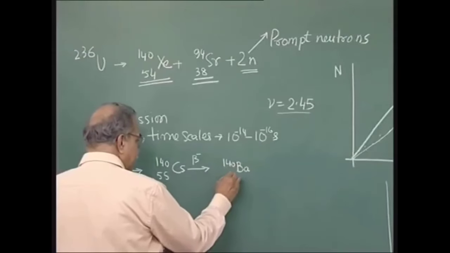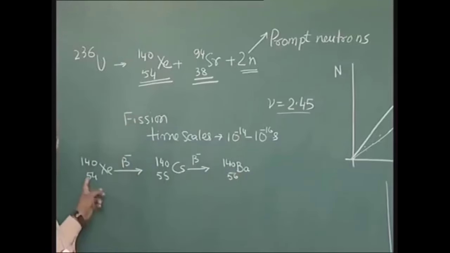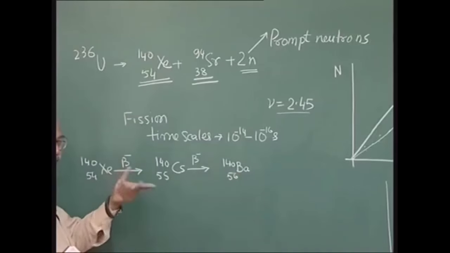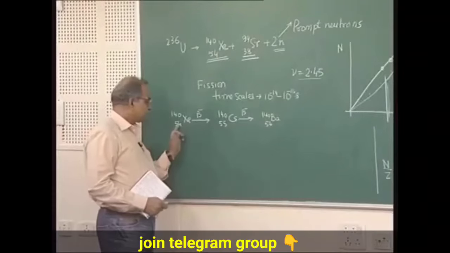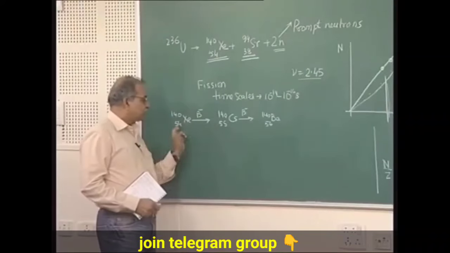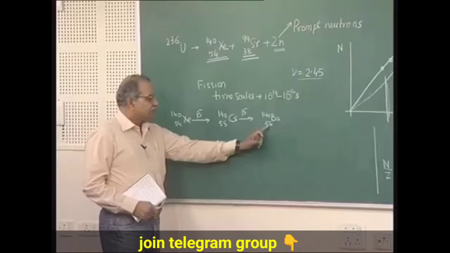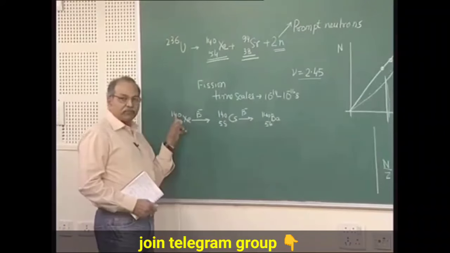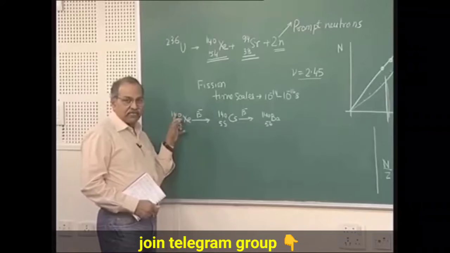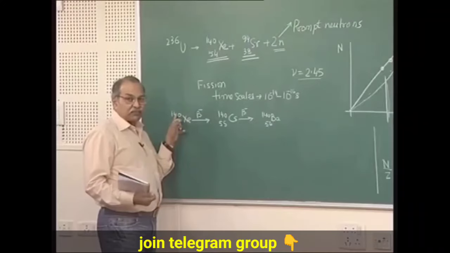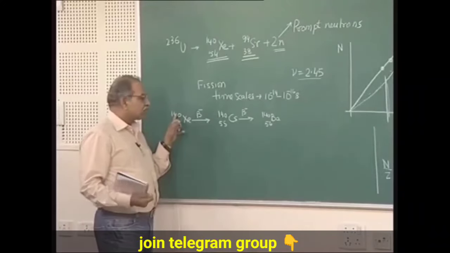In beta decay, the proton number increases by 1, because a neutron is converted into a proton. So, 54 becomes 55, 55 becomes 56 and so on. The total number of nucleons remains the same, 140, because a neutron is converting into a proton. So, the total nucleon number is not affected.